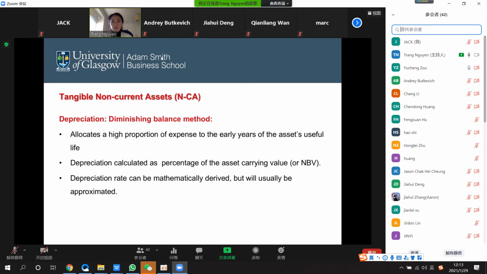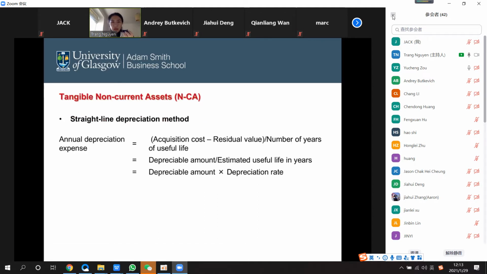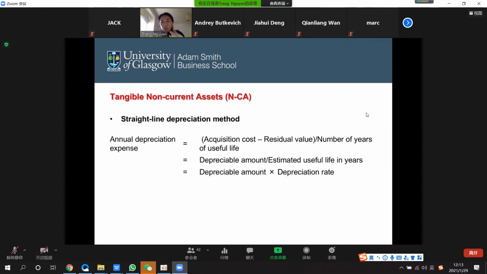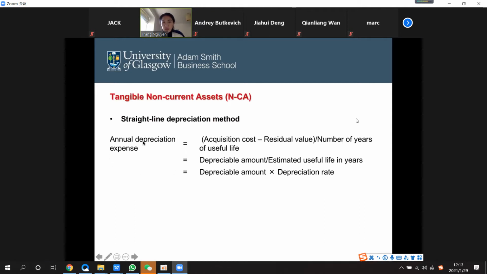And we use the net book value to calculate the depreciation rate compared with the annual depreciation here. In the straight line method, we will use the depreciable amount, that is 5,000, because we exclude the residual value from acquisition cost.